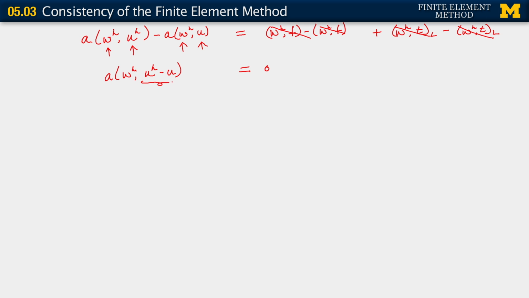Now look carefully at that term, UH minus U. It gives us the difference between the finite element solution and U, which is the solution to the infinite dimensional weak form. The solution to the infinite dimensional weak form would be the exact solution. So UH minus U is a very special, very important measure of our numerical method.